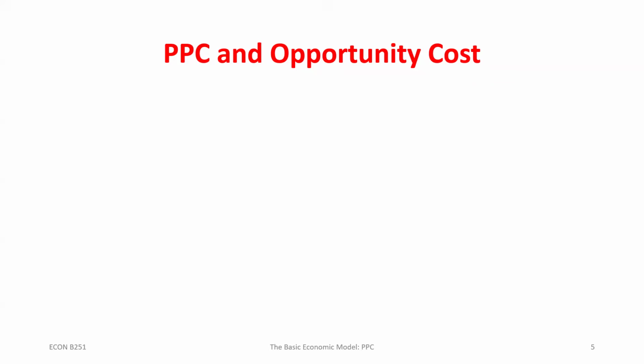If I have more people, right, my population is increasing, now I can get higher combinations of both goods. I have more labor hours. Or if I have the same number of labor hours, what could allow me to produce more of both goods? So maybe, how would I reduce the number of labor hours I need to produce things? New technology. Better technology, right?